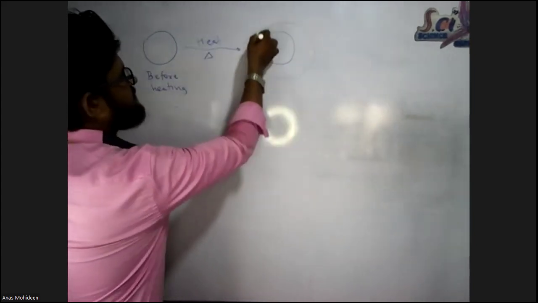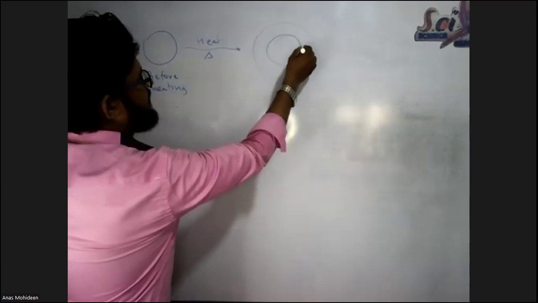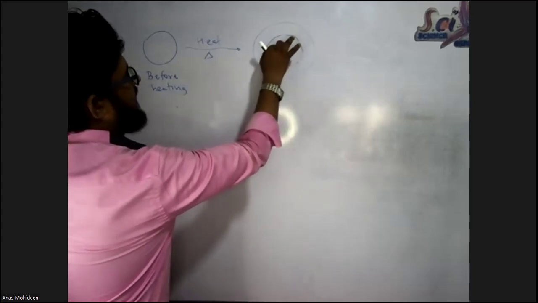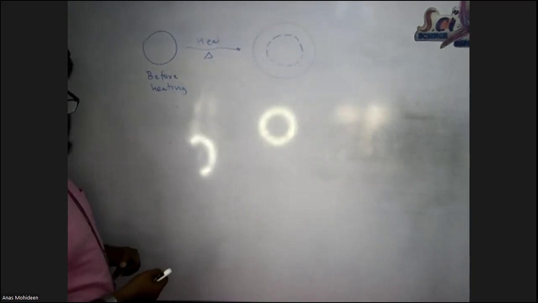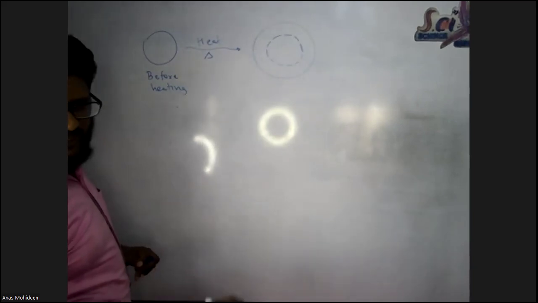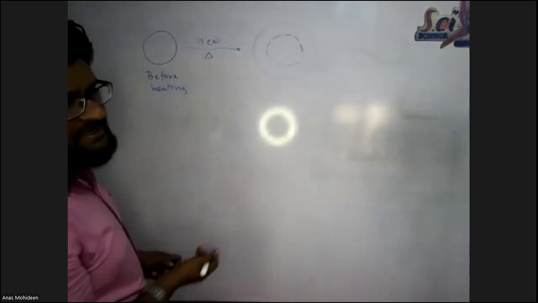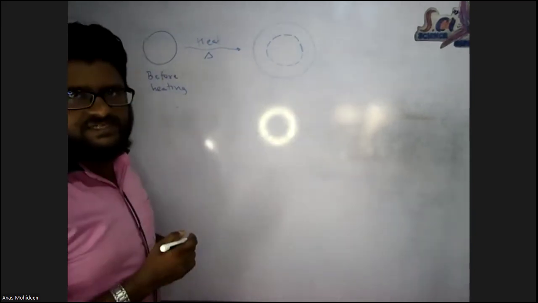So the object has increased in size. The diagram is only to give an idea of increasing; it doesn't mean it will increase by exactly this thickness. It shows the size is increasing, that's all.